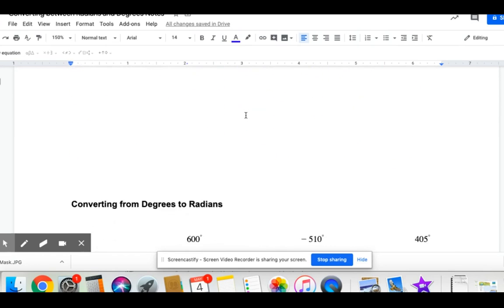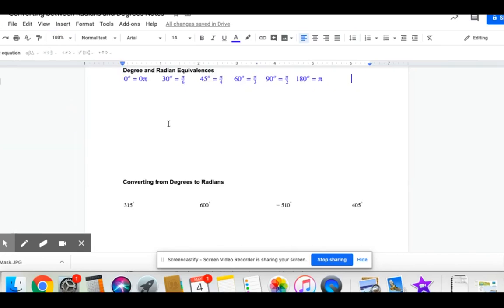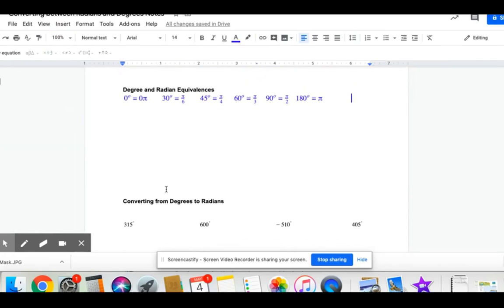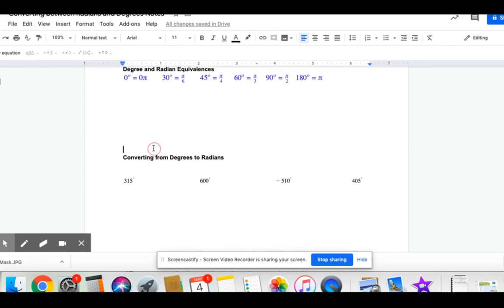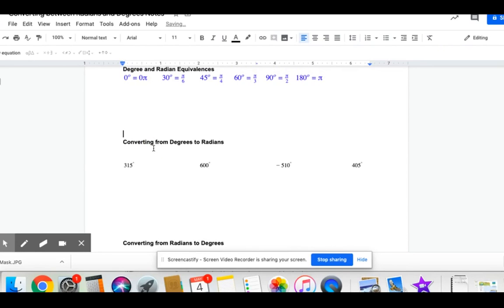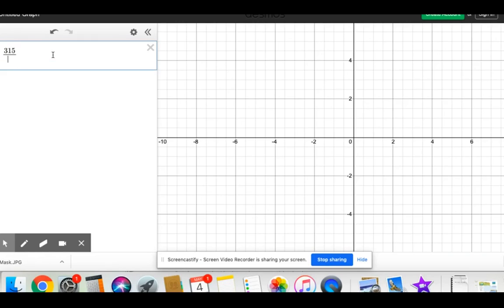So those are the equivalencies, which means if I want to go from degrees to radians, I have 315 degrees. I have to guess, which one do I think it is? Do I think it's a pi over 6, meaning that I could divide 315 by 30? Let's try it. It would give me a decimal, and I don't want decimals.